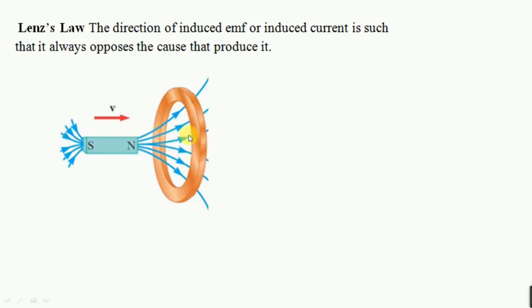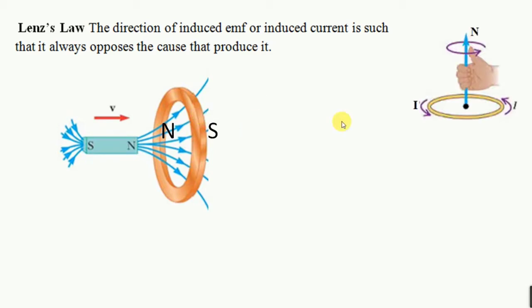It opposes the magnet by producing a north pole on this side. As we all know, a current carrying conductor acts as a magnetic dipole. So if it produces a north pole on this side, it will oppose this north pole. In order to produce a north pole on this side, the current has to flow in one direction, which we need to find. For this we use the right hand thumb rule.